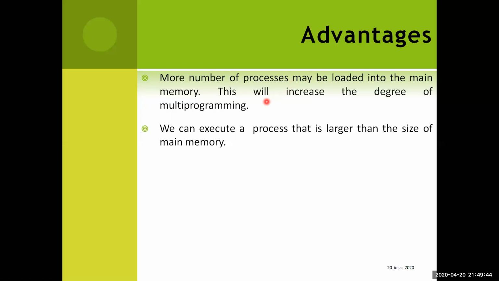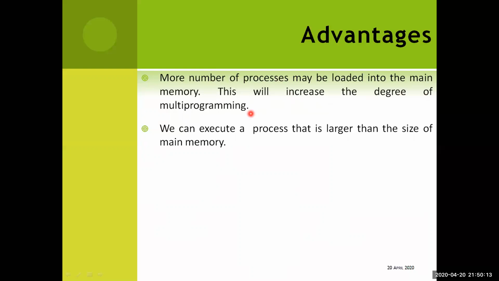As we are loading more processes, this will increase the degree of multi-programming, meaning the number of processes present in the main memory. If more jobs are present in the main memory, then we will use the CPU more efficiently. So the first advantage is that demand paging will increase the degree of multi-programming.